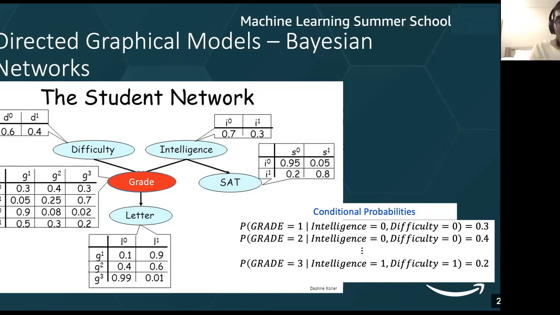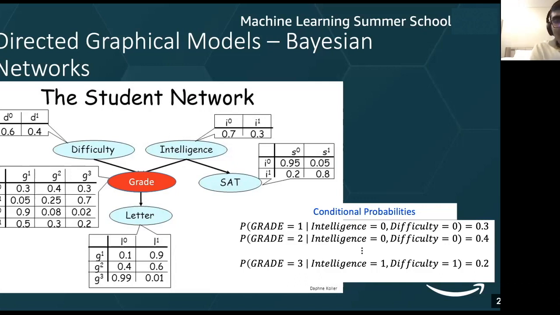In a similar fashion, you can take another example wherein you ask, what is the probability that the student gets a poor grade when the test is difficult as well as the student is not intelligent? If you look at this table, you will find the corresponding value to be 0.05. And this makes a lot of sense because if the test is difficult as well as the student is not intelligent, then you would expect this value to be fairly small.